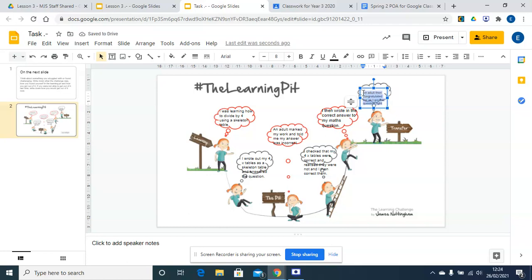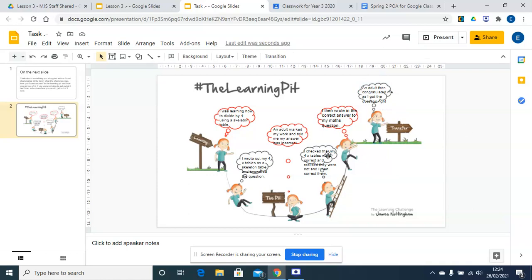Okay. So that could be an example of your learning pit there, okay? Now you don't have to do maths, you can do any learning experience of your choice, but that is the stages of your learning pit.